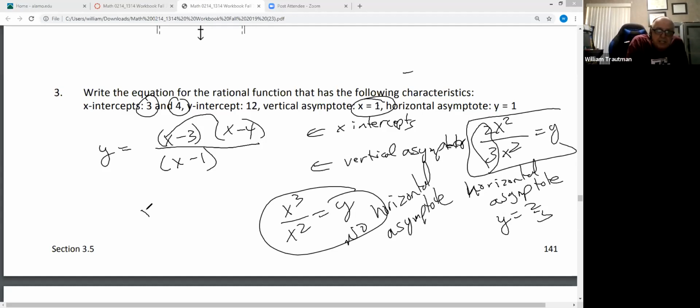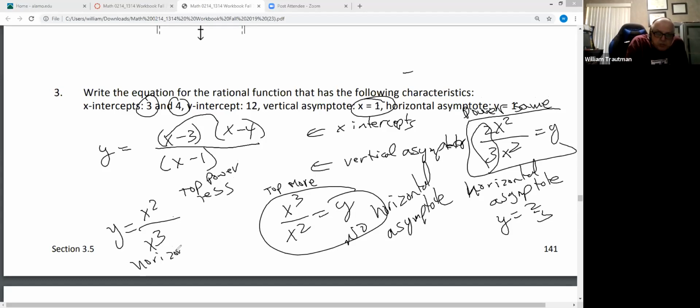And finally, if the top power is less, then the horizontal asymptote is y equals 0.